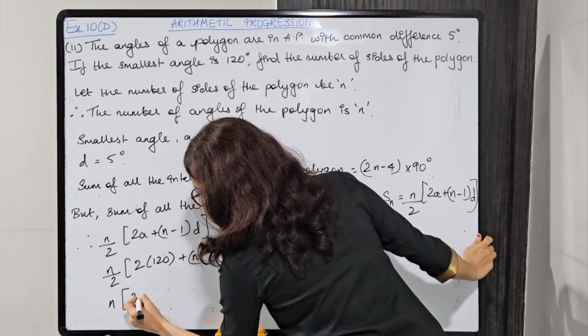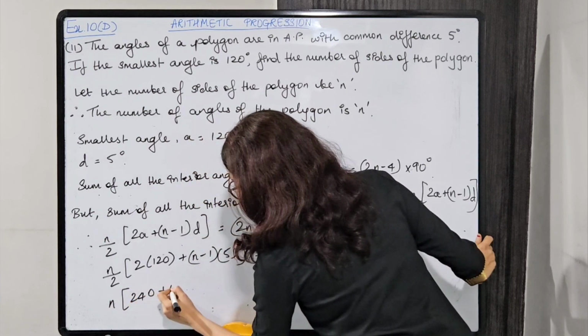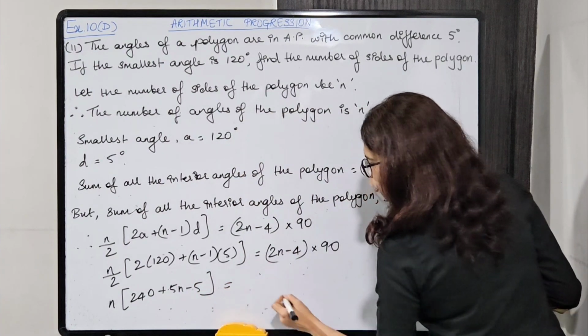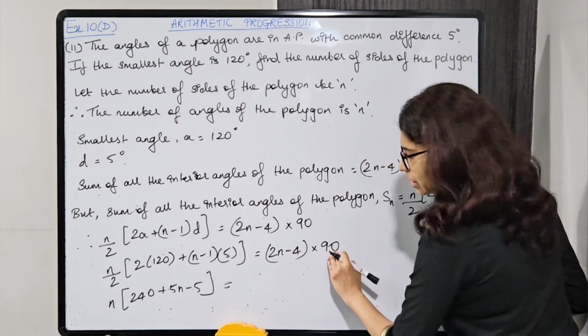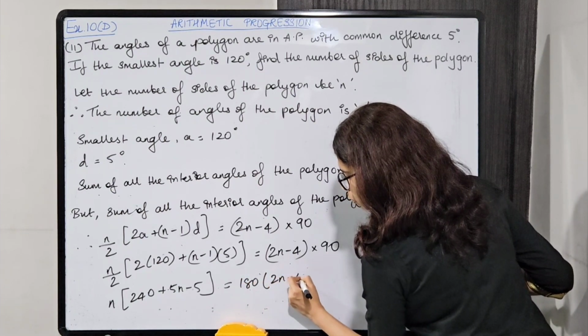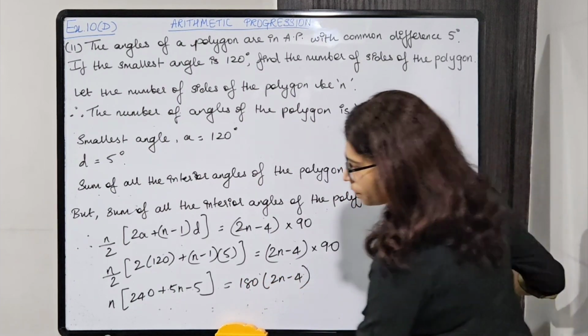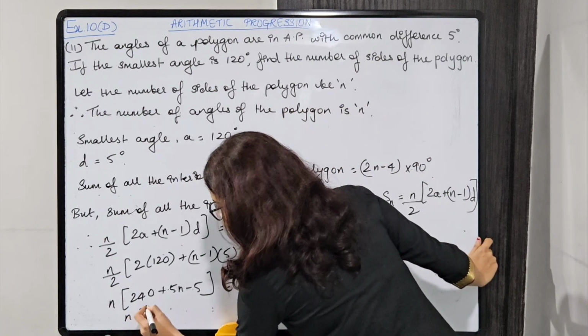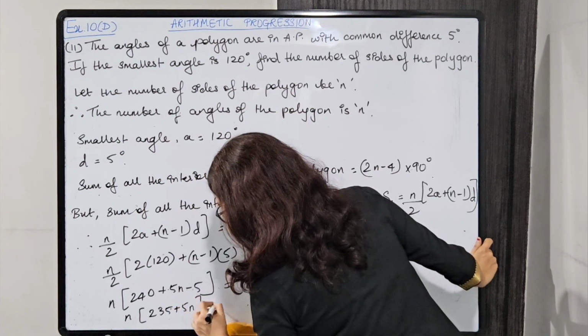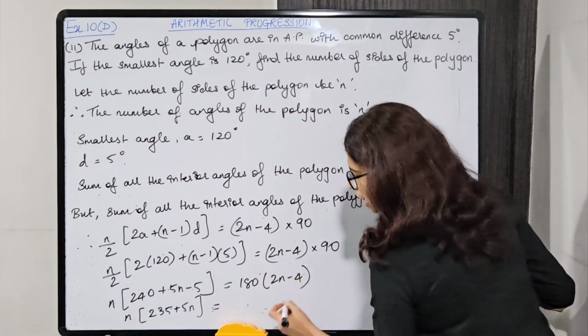Okay, so n into (240 plus 5n minus 5) is equal to 90 से multiply कर देते हैं 2, so 180 हो जाएगा, 180 into (2n minus 4).